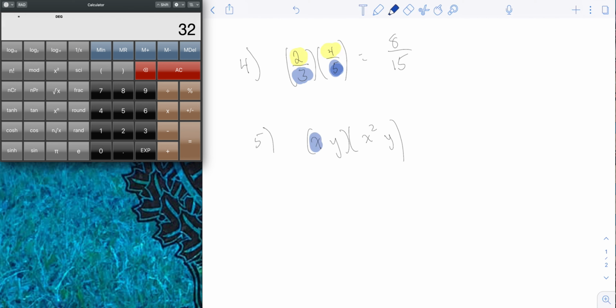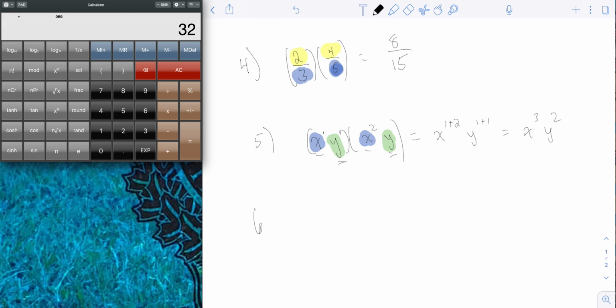You're just going to highlight which bases you have that are the same. It doesn't matter what the base is, just that it's the same. There's an imaginary 1 on both of these, so it's going to be x to the power of 1 plus 2, multiplied by y to the 1 plus 1. And so we're going to get x cubed y squared.